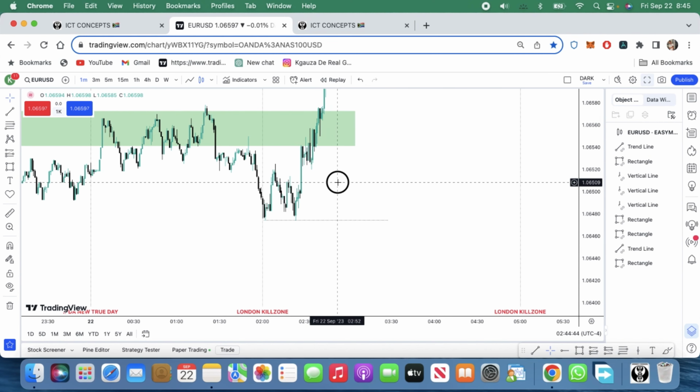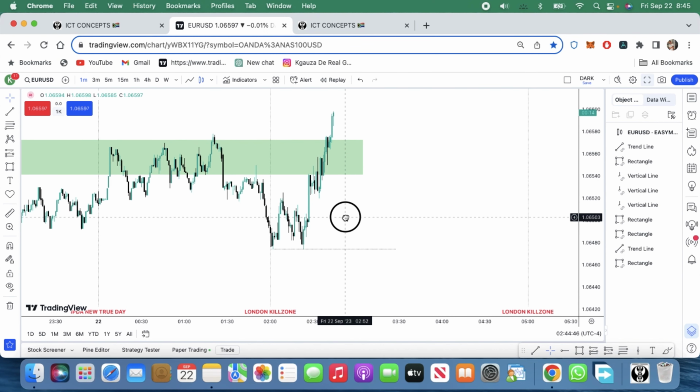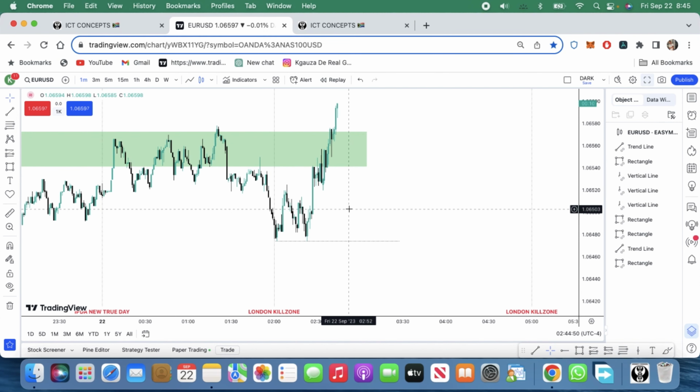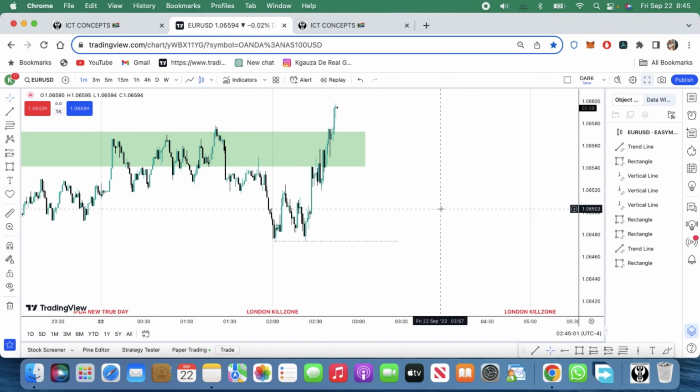So intraday, the market will obviously go up and down. But with the benefit of smart money concepts, ICT concepts, we can anticipate when the market is actually going to go down, bearish. So just make sure you understand that.